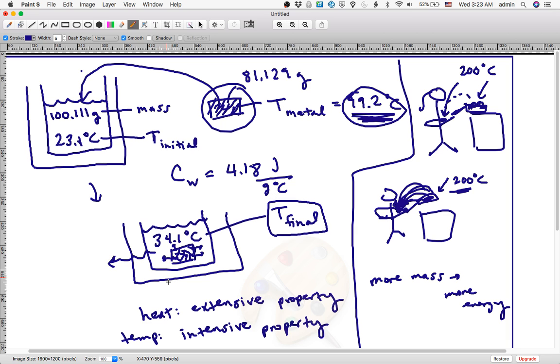Another major source of error is, what if you put a thermometer in here and the thermometer was touching the hot metal? It's possible that the thermometer was reading the temperature of the metal, not the metal and the water. So if you don't stir this water and the thermometer is just touching the metal, you might not know if the metal is at the same temperature as the water.